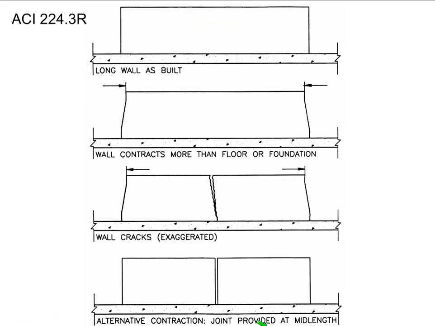If you have walls, the wall is going to be restrained by the foundation. It's going to shrink. It's going to tend to crack if it's very long. So the general rule is that what you do is you put in a contraction joint. The general rule is that the distance between contraction joints should be somewhere between 1 and 3 times the height of the wall.